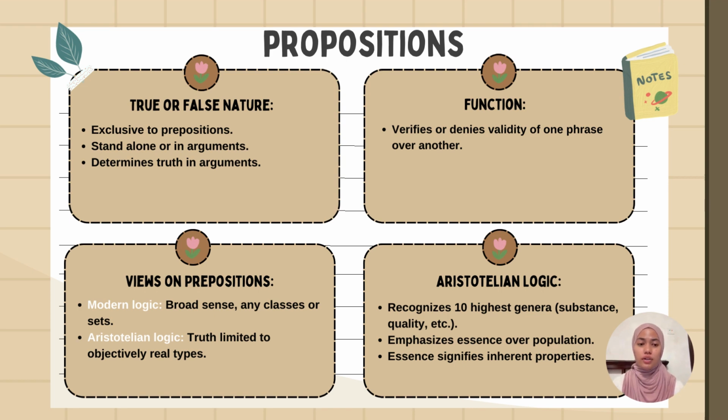These highest genera are considered real kinds because they represent fundamental and objective aspects of reality. The term subjective here doesn't mean arbitrary or personal, but rather refers to the inherent nature or essence that these categories capture about the diverse entities in the world, according to Aristotle's philosophical framework.